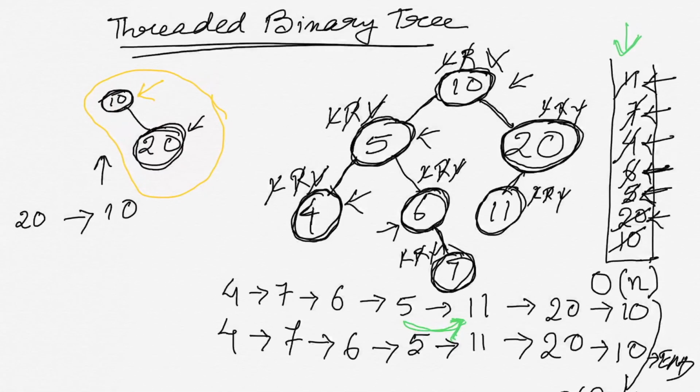We don't know that. So that is where the stack is helping us to keep track of that. So this is where we use the concept of threaded binary tree.